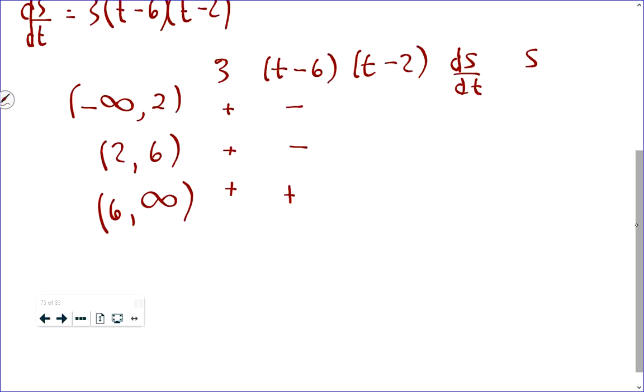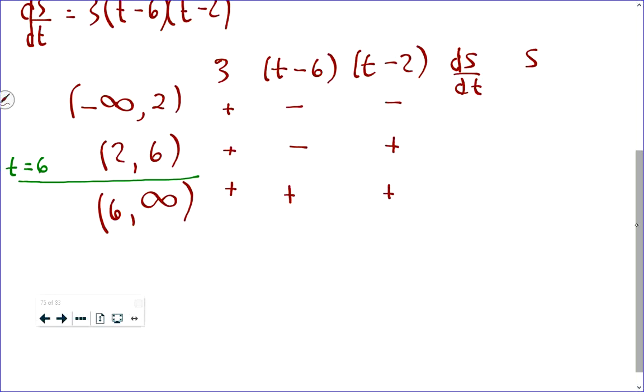You can put numbers in, but 6 happens here. This is where t equals 6. So before t equals 6, t minus 6 will be negative. T equals 6 is where t minus 6 flips from negative to positive. Using that same logic, this would be negative, and then it immediately switches to positive.